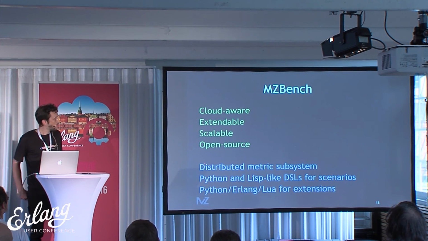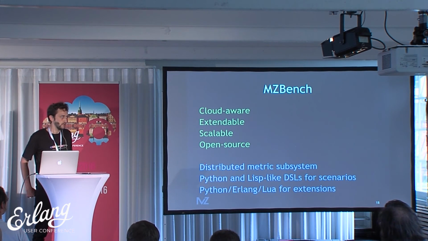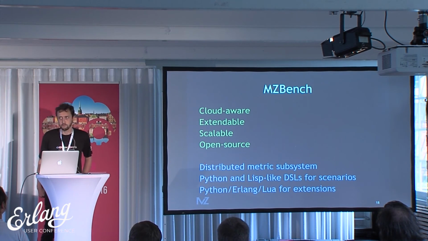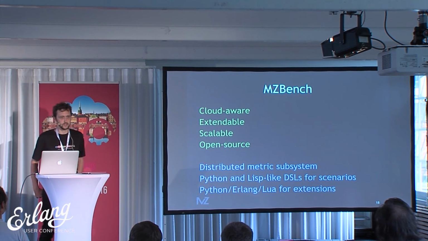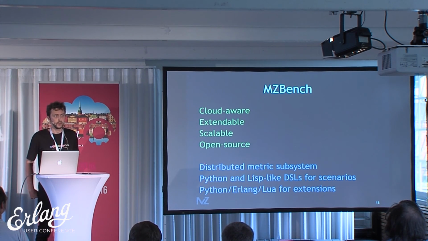And our tool is cloud aware. I mean, it itself requests nodes from a cloud and allocates them. Extendable, I mean, it's easy to add some cloud or protocol. Scalable, we even removed Erlang message interaction between nodes to make it scalable between different data centers, because hypercube topology doesn't scale well.